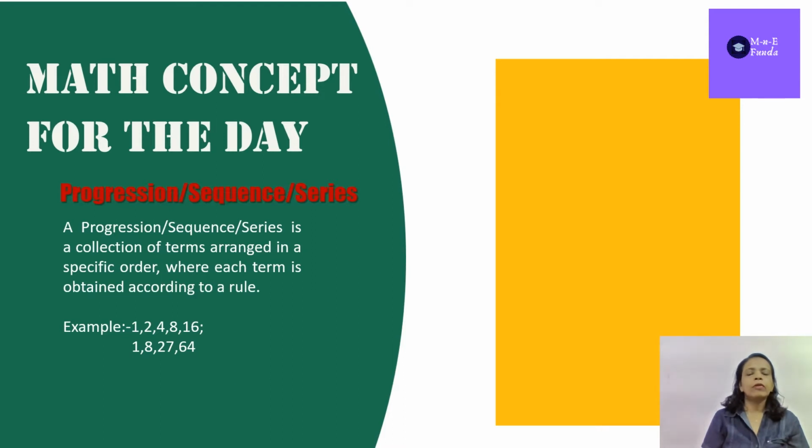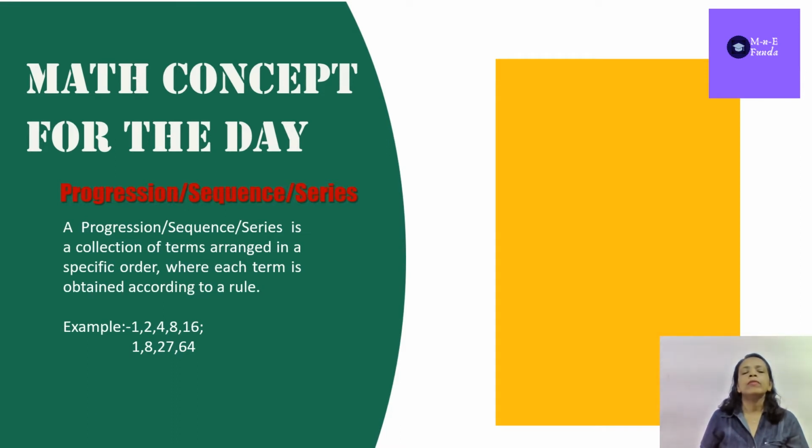Suppose I am giving here an example: 1, 2, 4, 8, 16. Here the first term, second term, third term, fourth term, fifth term and so on all are obeying a certain rule. How? See here, first term is 1, second term is 2.